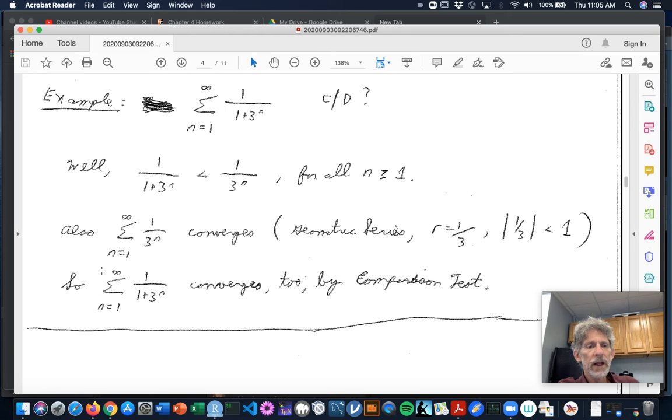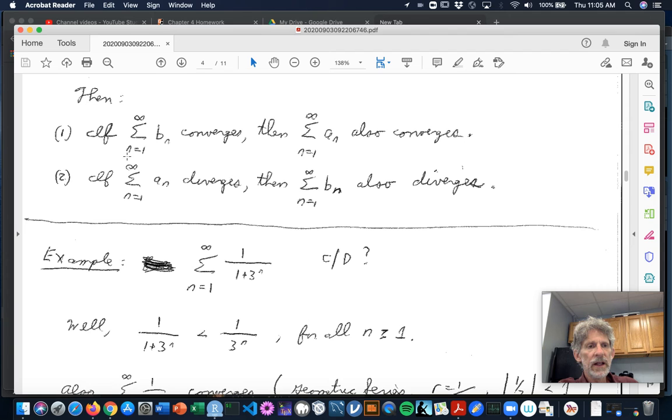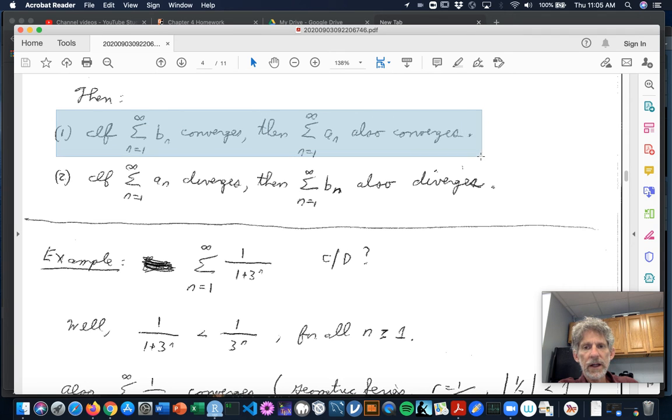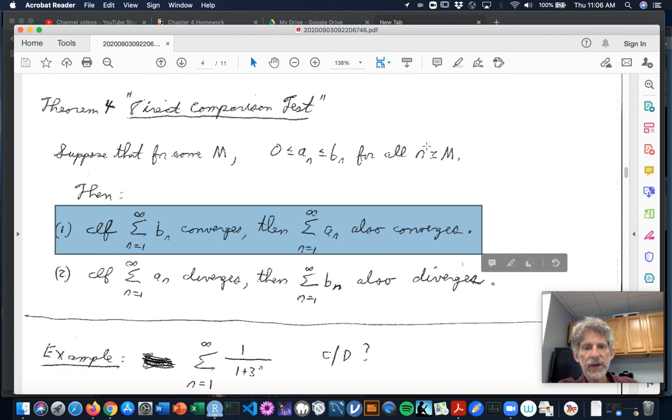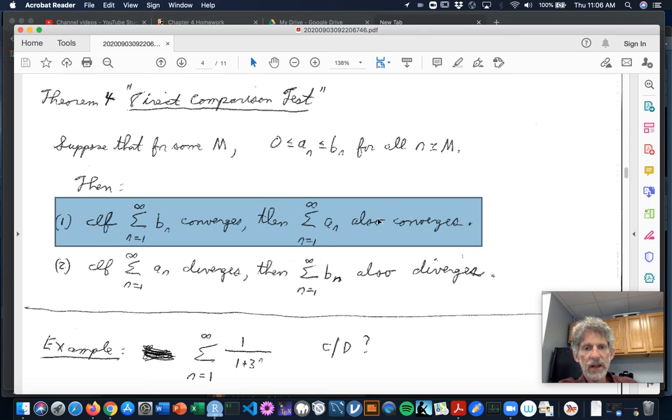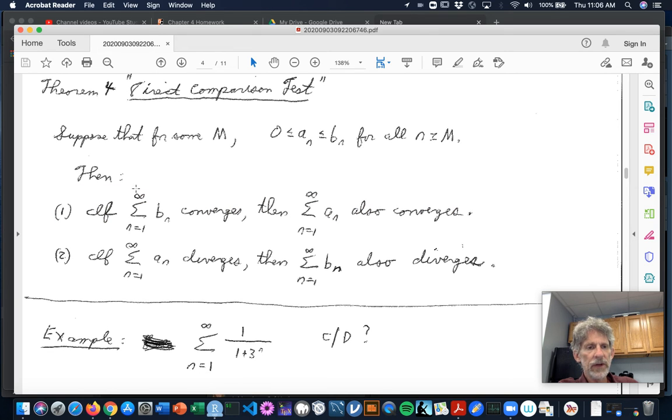Therefore, this smaller series converges. So I'm using part 1 of the direct comparison test here. I found a simpler series, the sum of 1/3 to the n, that converges. My series was smaller than it, so it also converges.